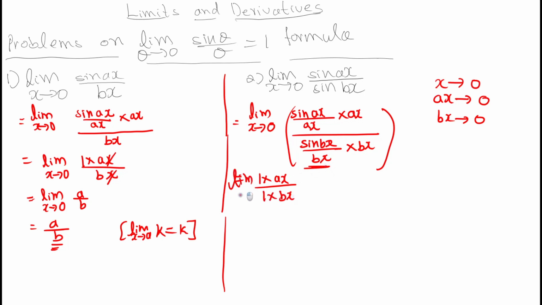Before applying the limits, you need to simplify. So x cancels and again you get a by b. The limit of a constant is the same constant, so the answer is again a by b.